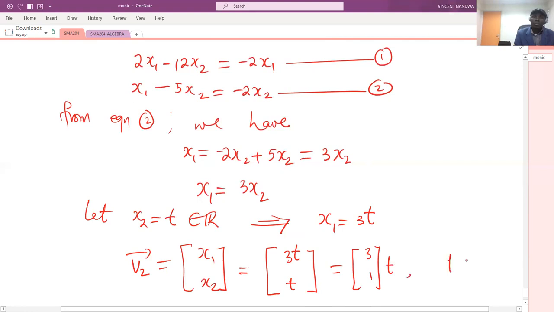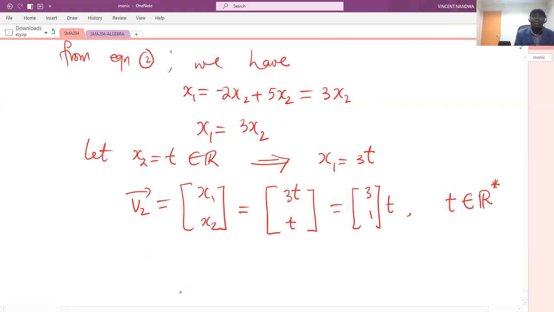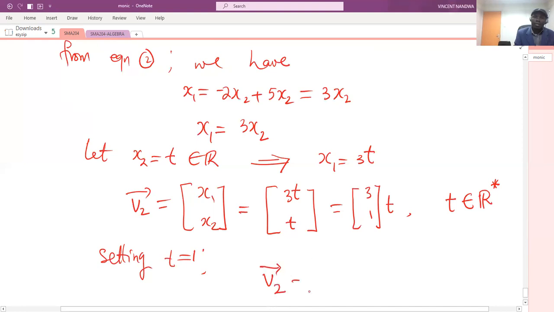But to remove the possibility of having a zero vector, we say t is any non-zero real number. Setting this t to be 1, our basis eigenvector will be 3, 1. So that's step 2, finding the eigenvectors.